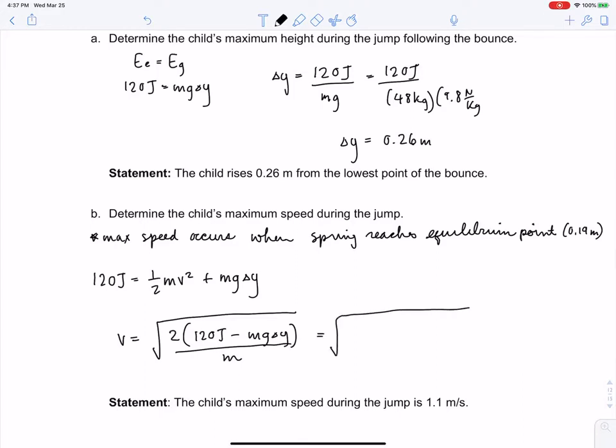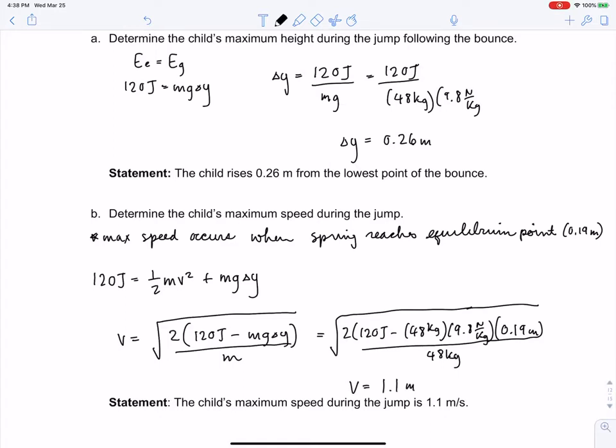We have the square root of 2 times (120 joules minus 48 kilograms times 9.8 newtons per kilogram times this residual height above the ground, which is 0.19 meters), divided by the 48 kilogram mass. If we punch this in, we end up with 1.1 meters per second.